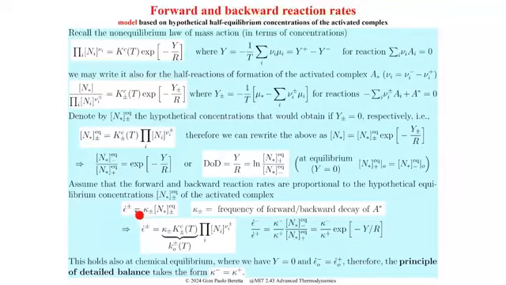That is why we can assume that the reaction rate of the forward reaction is equal to the forward equilibrium concentration of the activated complex times a coefficient which represents the frequency with which the activated complex decays in the forward direction. And conversely for the minus. So that is the assumption.